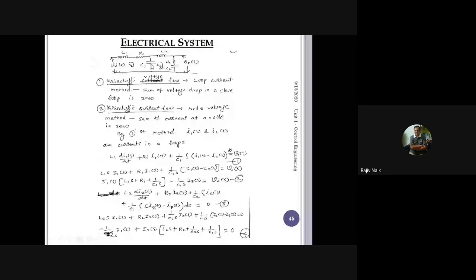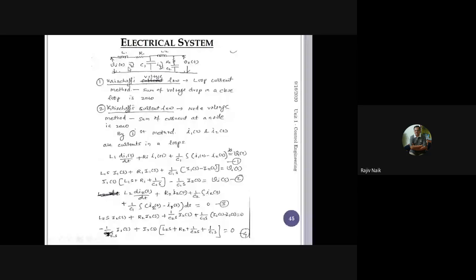You can see here the first loop: if I start from this point, it goes to the inductor, and I have taken the loop current as I1. It passes through L1, R1, C1 and comes back to the zero line, so this loop is complete. This is called the loop current method.